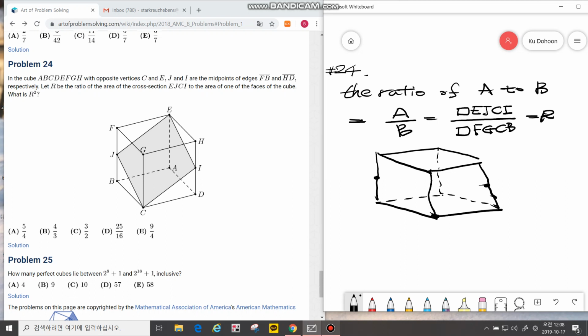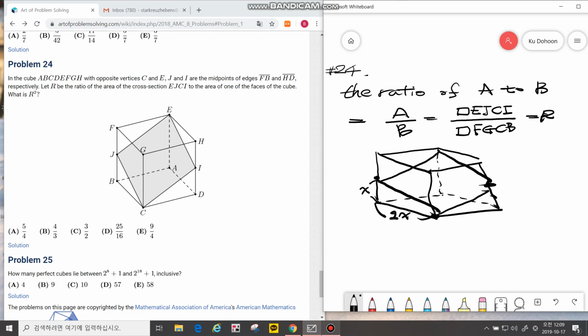The important information is that it is a midpoint, and now we're connecting it like this, and then connecting it up here and down here. Let's put this as x. Then we know that this is 2x, since this is the midpoint.